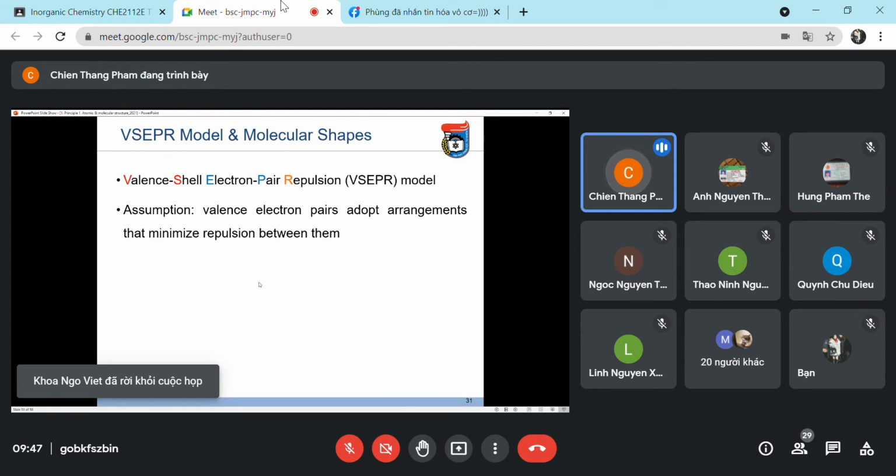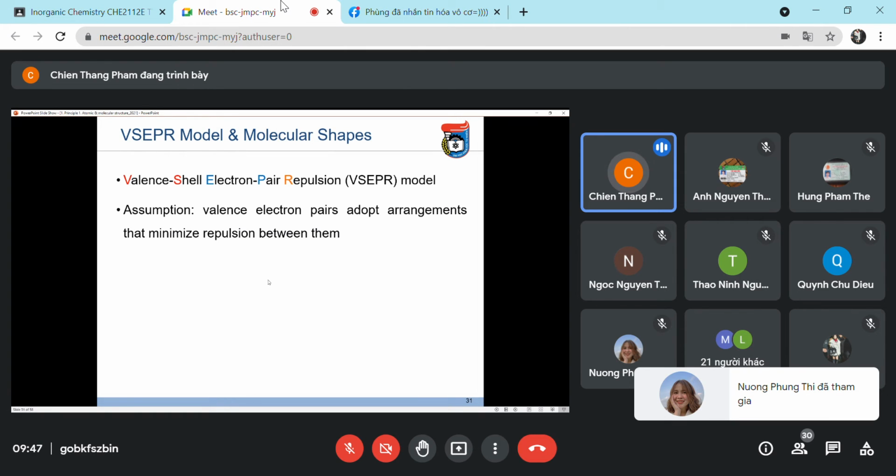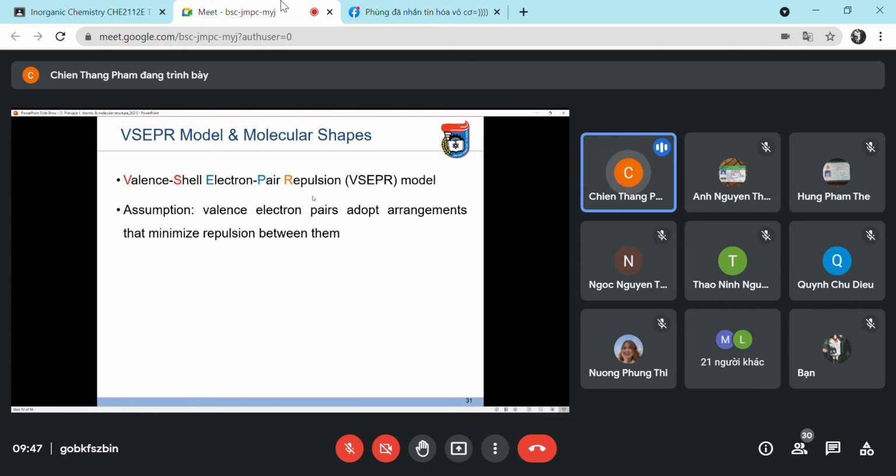So let's consider the principle or the assumption in the VSEPR theory. According to VSEPR theory, in the molecules there are electron pairs, which can be bonding or non-bonding electron pairs.